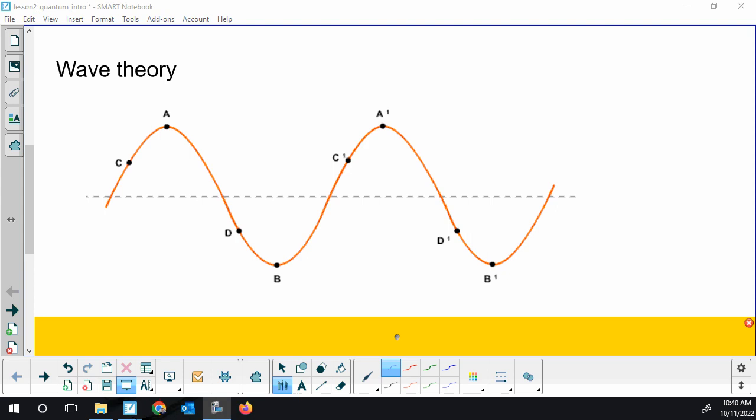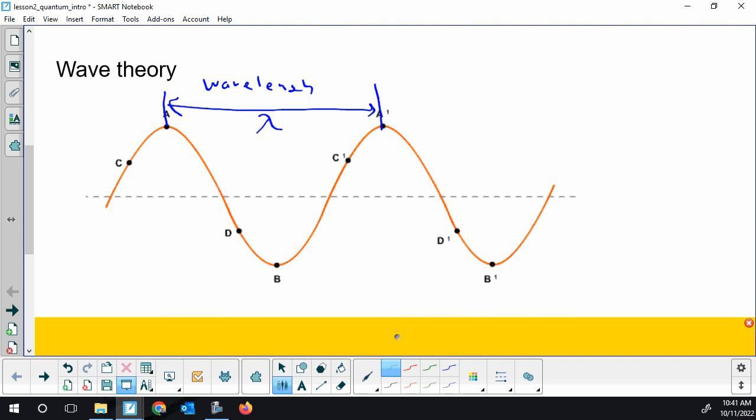So the first thing I want to label is wavelength. If you take any two corresponding points, so I'm just going to use A, but B and B prime, C and C prime, D and D prime, where if there's A, that's the top of our wave. When we get to the very next top of the wave, that distance is our wavelength. And we use lambda to represent wavelength.